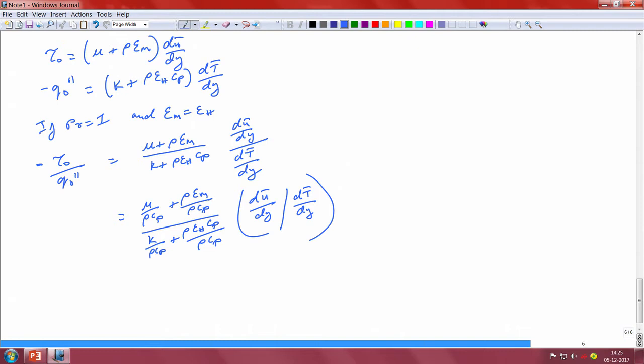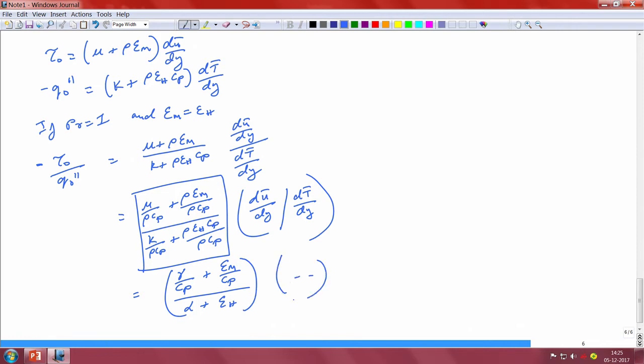So, again this part I am not writing, I am only going to work on this particular section, and therefore, we show Cp divided by alpha plus epsilon h. Once again this part you can see what we are going to write. This part I am not writing anymore, minus, so tau naught divided by q naught double prime is equal to 1 by Cp du bar by dt bar, right.